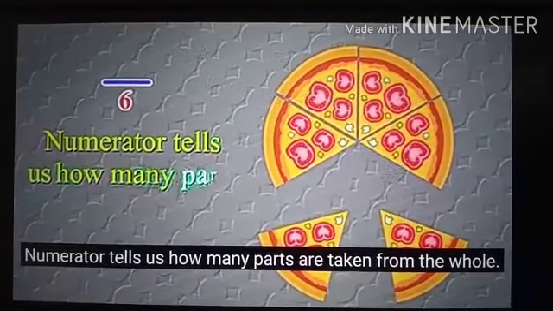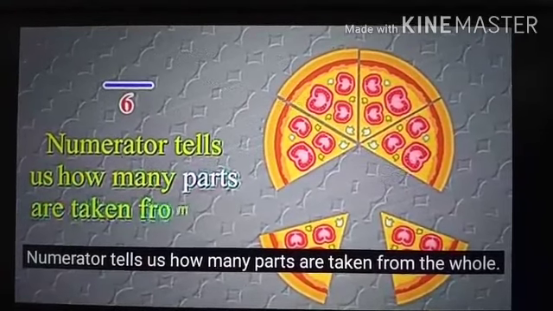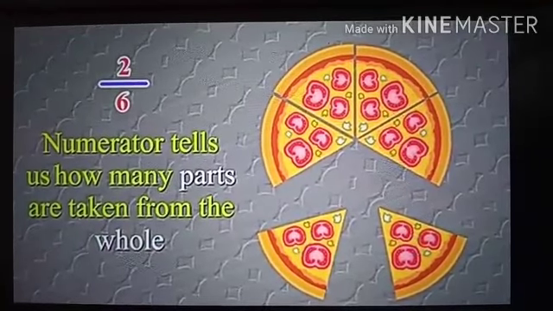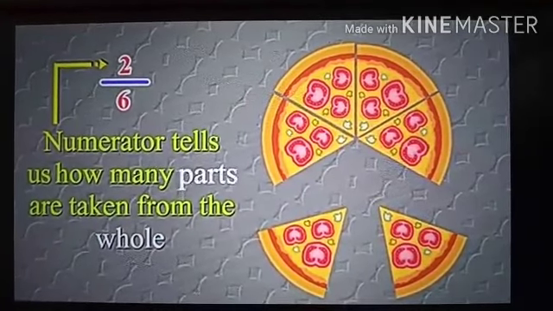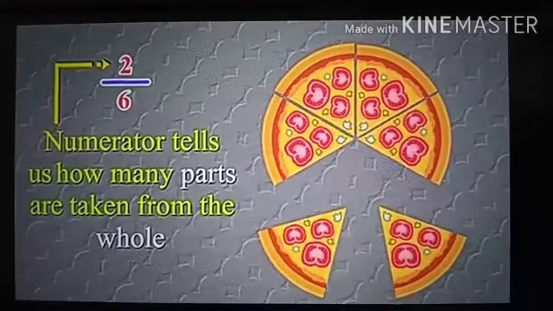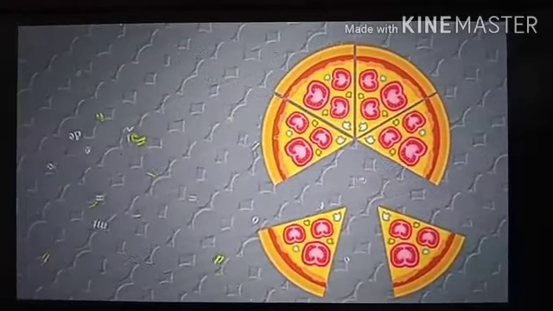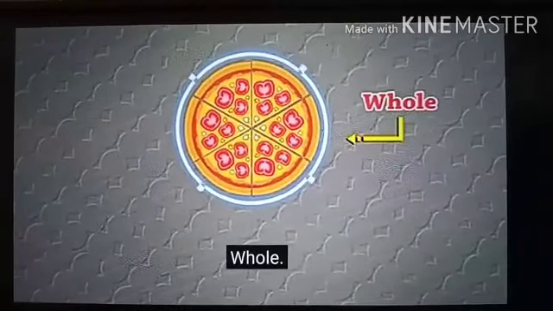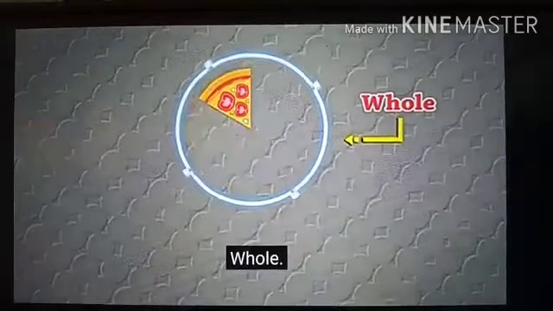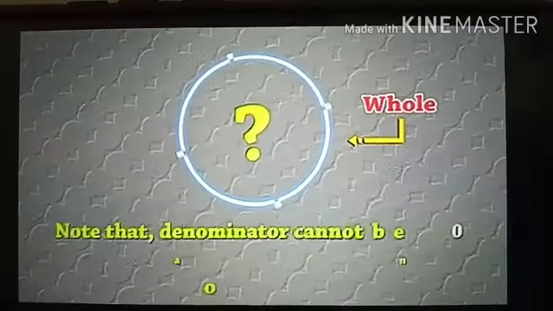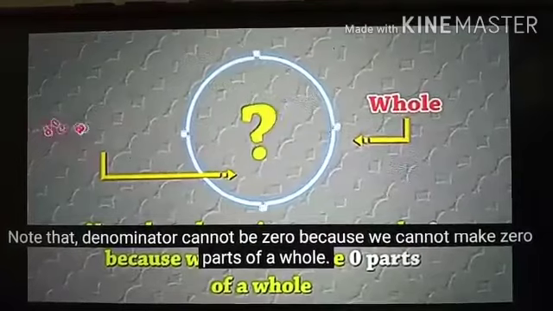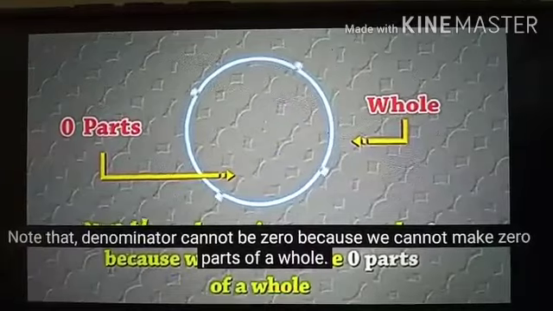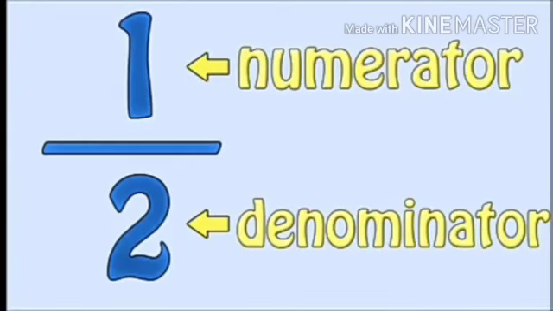So numerator tells us how many parts are taken from the whole. Note that denominator cannot be 0 because we cannot make 0 parts.